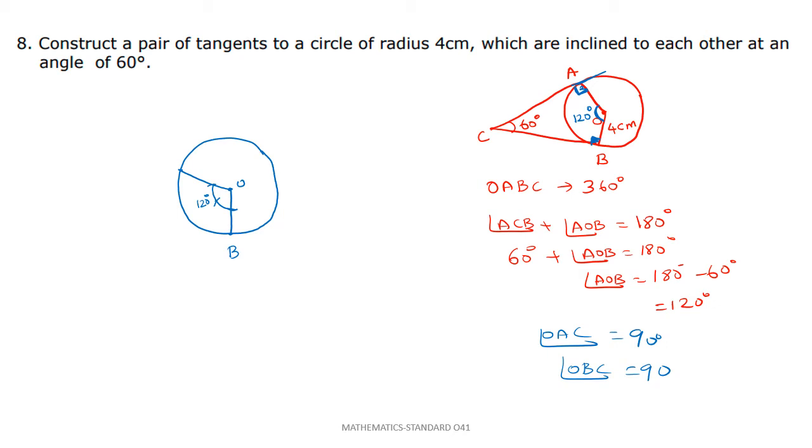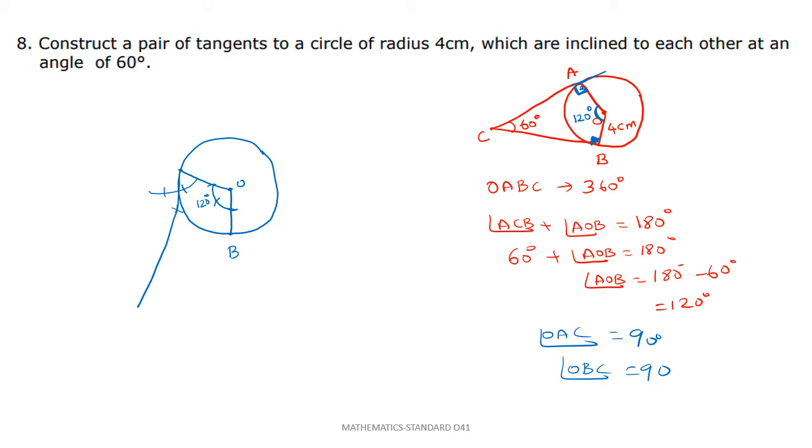Then you need to make a 90 degree angle. So you know how to make a 90 degree angle. Make another arc. Then the midpoint will give you a 90 degree angle.